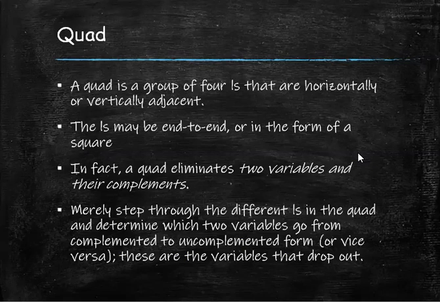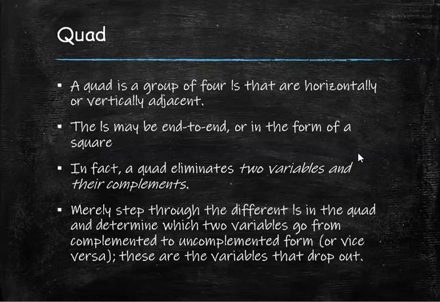And when we look at any quad, moving horizontally or vertically, or looking at the square, we can see that two variables must change their nature, either complemented or uncomplemented, when we move vertically or horizontally.